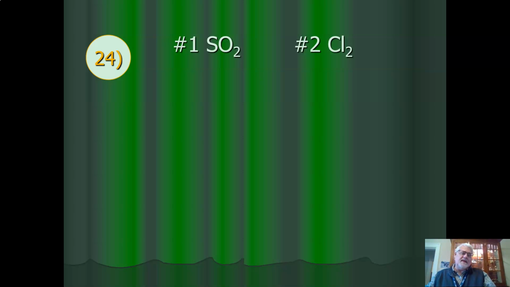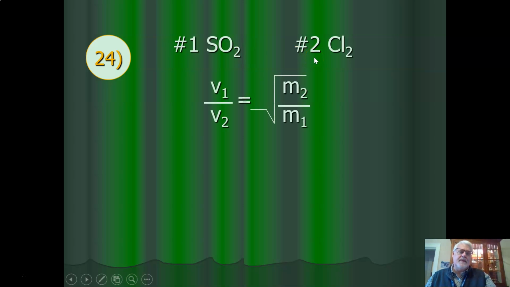So the way this problem is set up, it's a lot easier mathematically to call this number 1, the sulfur dioxide, and you'll see when we get it set up why that's a little bit easier, because since it says what is the velocity of the sulfur dioxide, it's a little easier to solve for an unknown that is in the numerator. So it just makes the calculations a little bit easier.